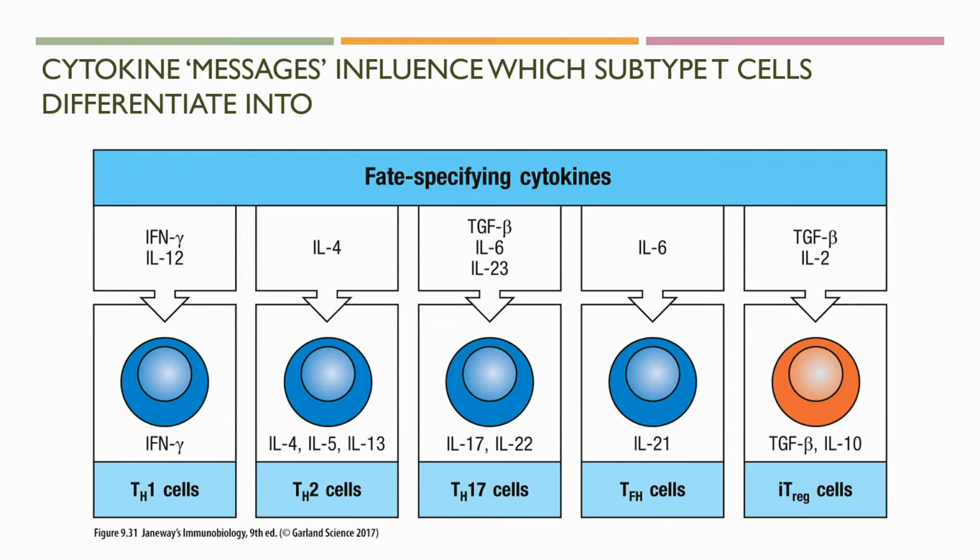And once again, cytokine messages influence which subtype the T cells are differentiating into. So that's how some of these are fate specifying. If you have an IL-4 cytokine being produced, and these other cytokines, these are all associated with Th2 cells. So in my research right now, I'm looking at the effect of amoxicillin on the immune system.